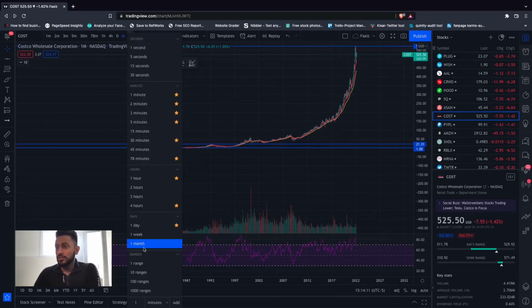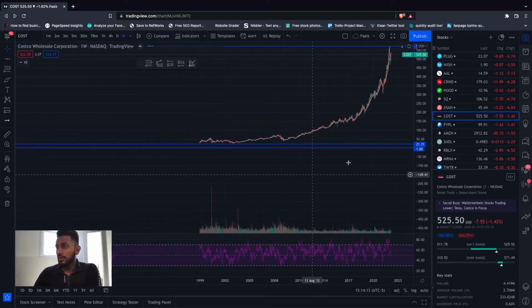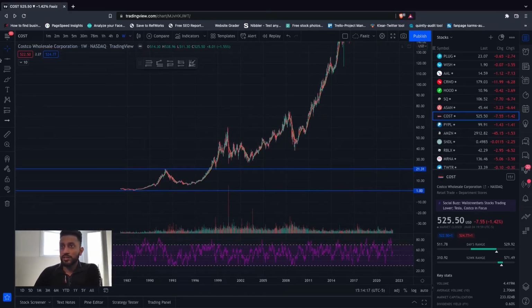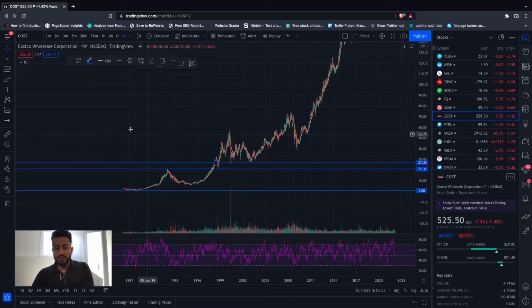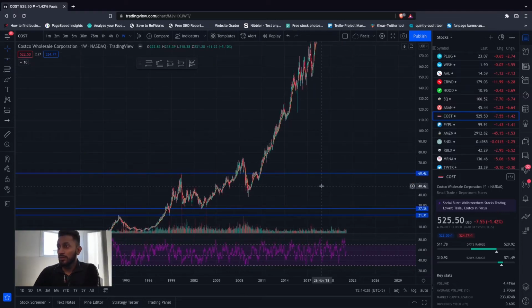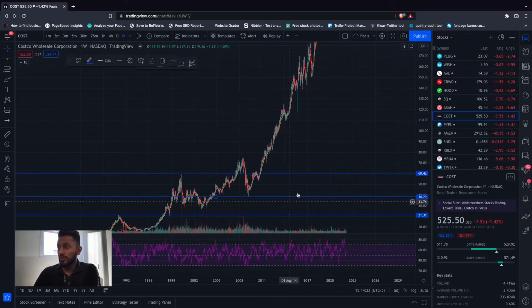Wow, this is a pretty strong trending stock. I need more information, so I'm going to zoom into the weekly chart. There we go. So I see there's some there, we got some there. I'll just move this up here.